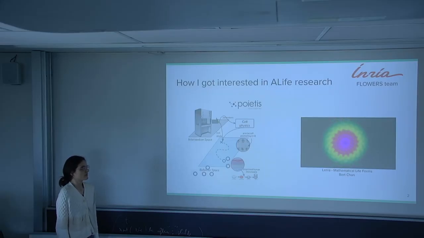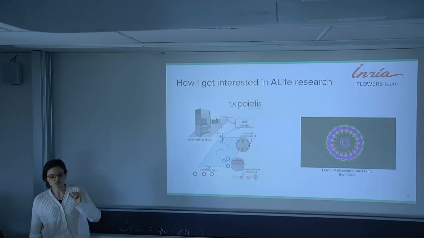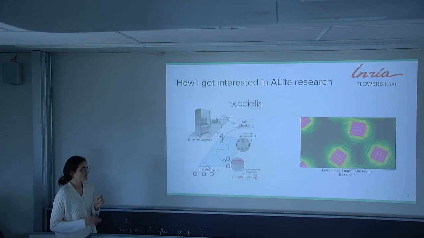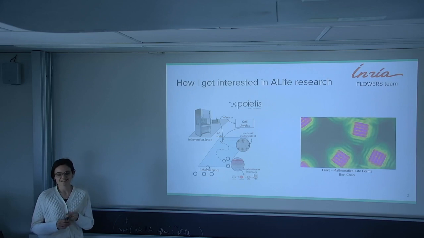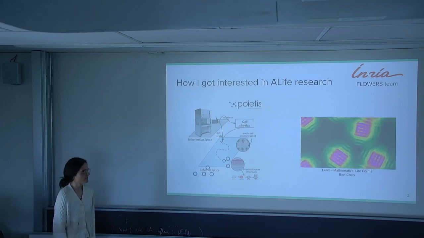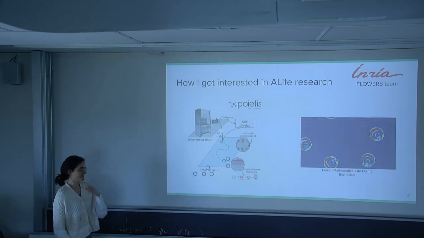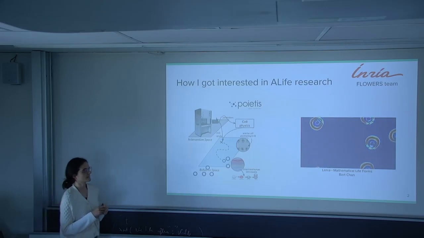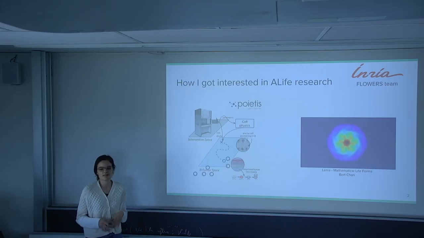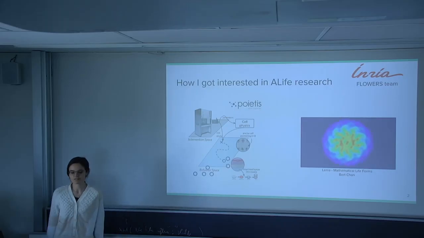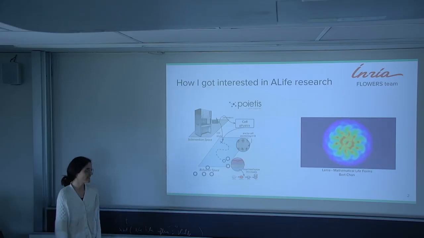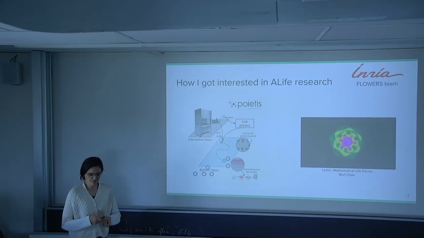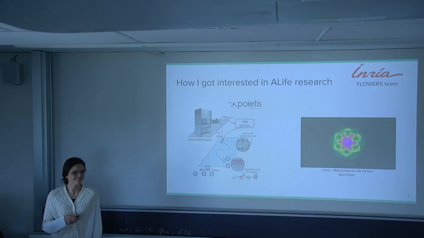A teammate showed it to me and to my PI, and we found it really nice and decided to go into this. As I dug into the Lenia system, it opened me to the whole world of artificial life, open-endedness, and everything, and I got pretty interested in this. So that's my little story about ALife.